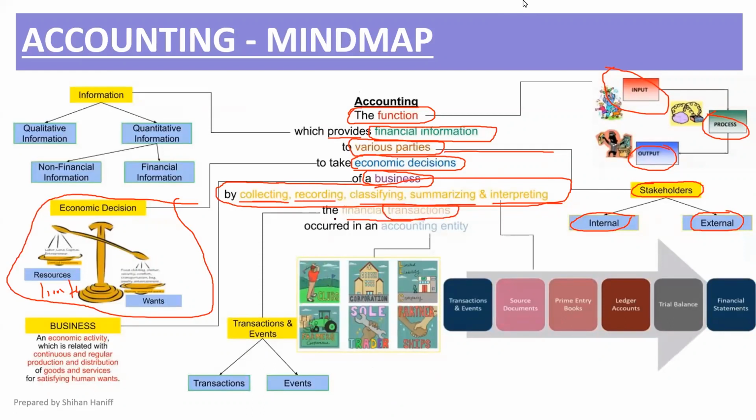We already discussed what is a transaction and what is financial. These occur in an accounting entity. What is an accounting entity? It can be a sole trader, a partnership, a company, a non-profit organization, or a government organization.